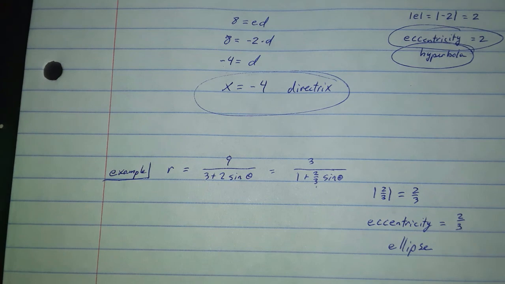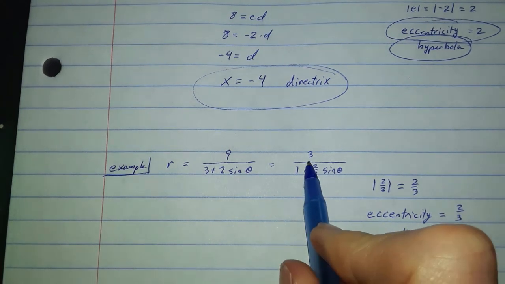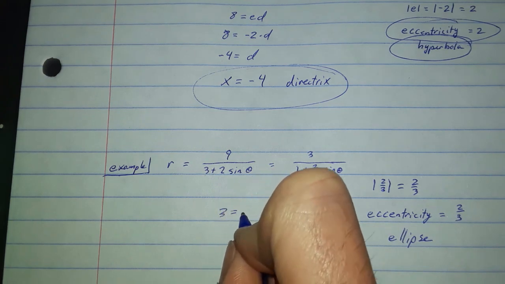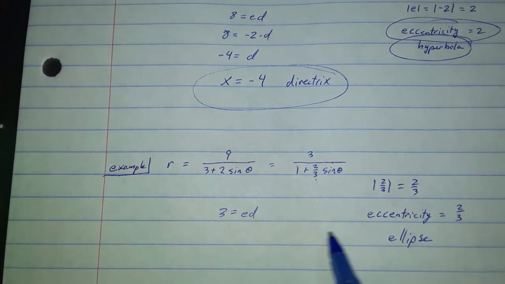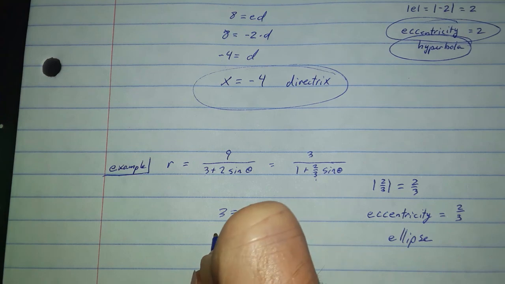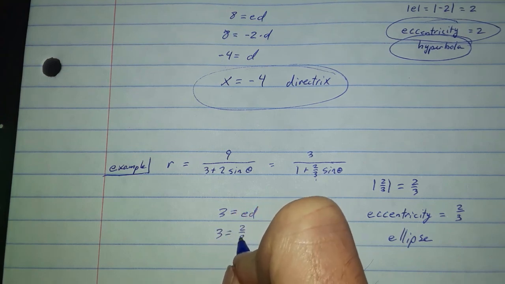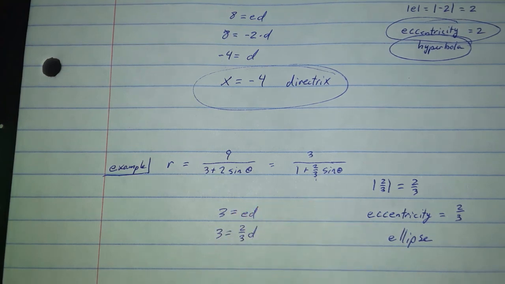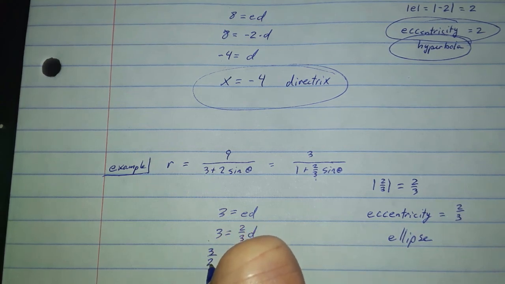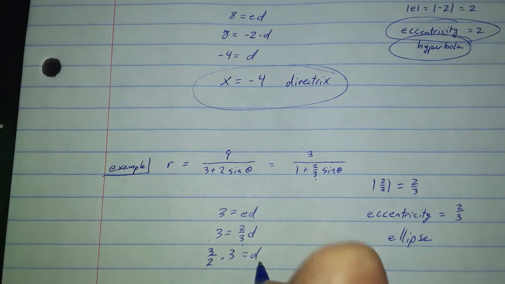And now I need to identify the equation for the directrix. So I have 3 up here, and that's equal to e times d. e was 2/3, so I have 3 equals 2/3 times d. If I multiply both sides by the reciprocal, I have 3/2 times 3 equals d, and that's going to give me 9/2 equals d.